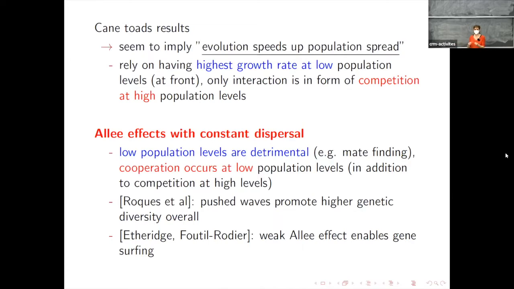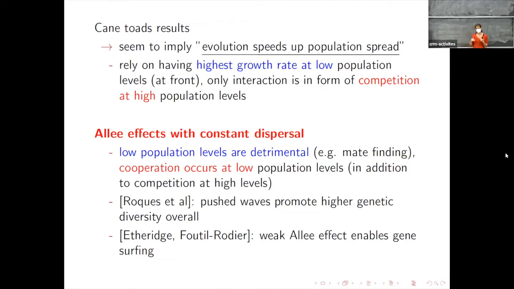So the individuals at the front don't have competition, and their growth has the highest derivative there, and only the competition, when you reach a certain amount of individuals at a location, is what keeps you back, right?